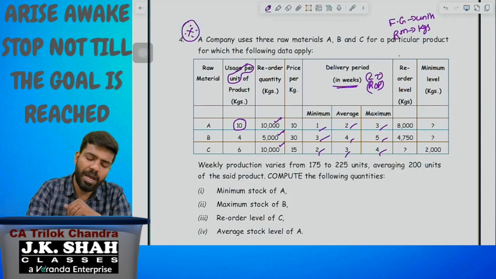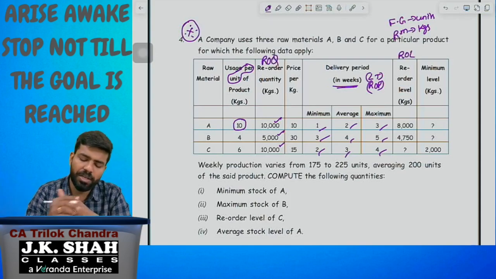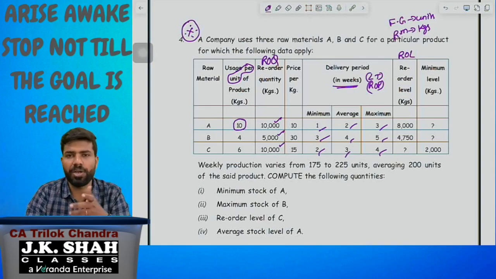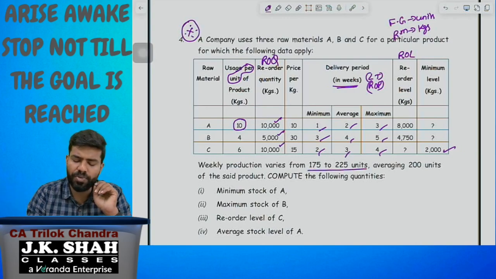Reorder level, nothing but ROL. This is ROL, this is ROQ. ROL is given for A, 8,000, B, 4,750, C, question mark. We need to calculate that. Minimum level in kgs for A and B is not given, for C it is given as 2,000. So this is the information given in the table. Weekly production varies from 175 to 225 units.